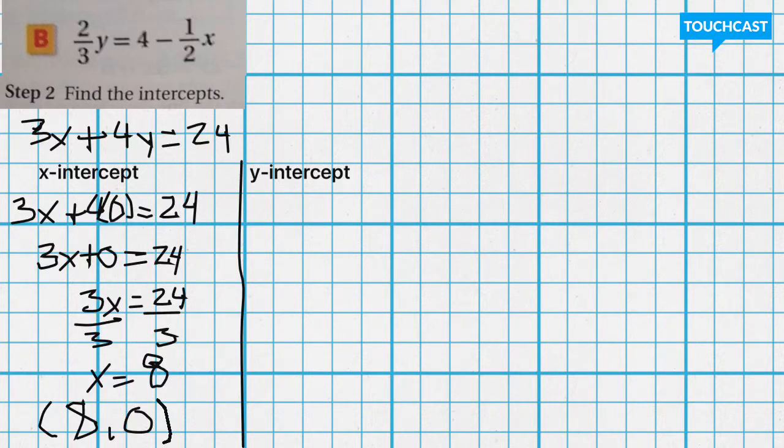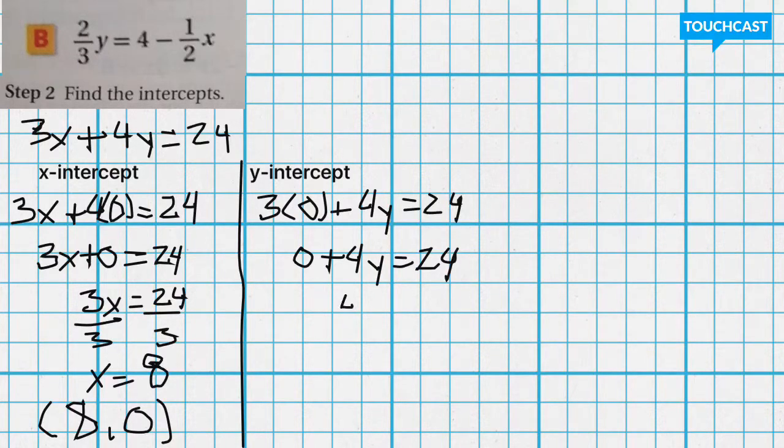Our y-intercept, we're going to put 0 in for x, 3 times 0, and we're going to solve for y. So 3 times 0 plus 4 times y is 24, or 0 plus 4y equals 24, or 4y is equal to 24.